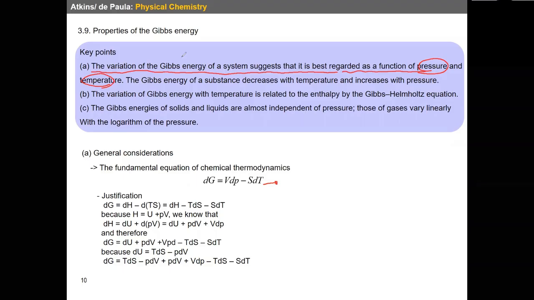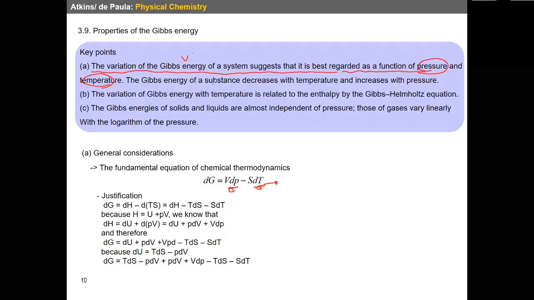So what does this mean? Gibbs energy is a function of pressure and temperature. If we have relations between pressure and temperature, then we can express the Gibbs energy depending on them, and then we can understand the system's reaction.